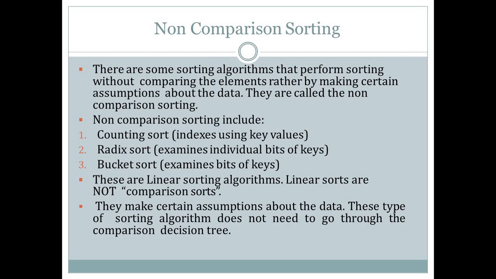Non-comparison sorting will arrange items, but it will not compare two items. Examples of non-comparison sorts are counting sort, radix sort and bucket sort. We will study counting sort, radix sort and bucket sort in your syllabus.